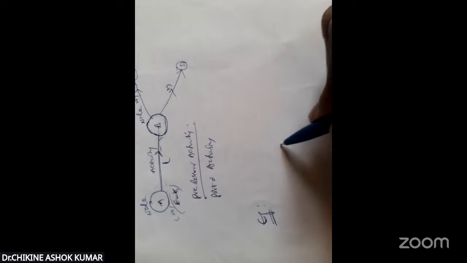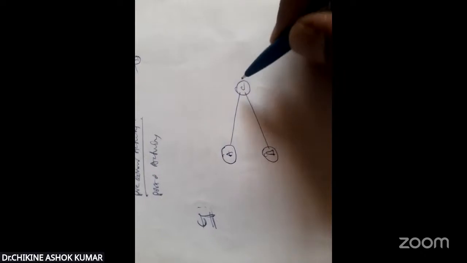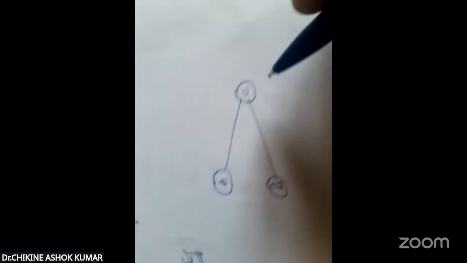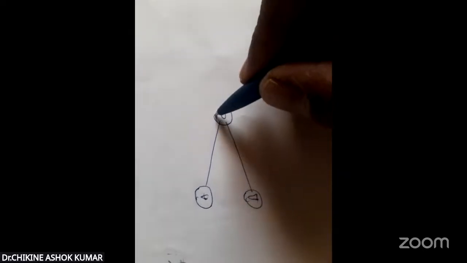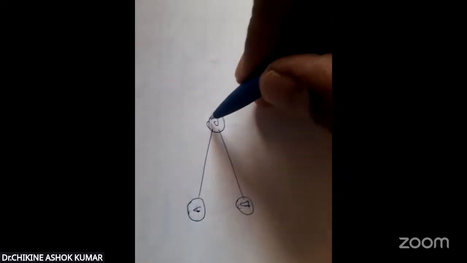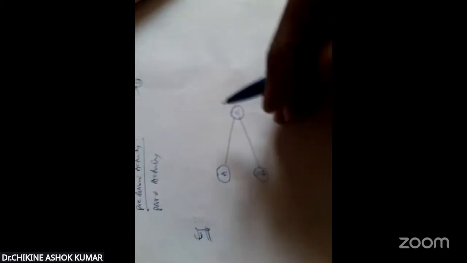This is event A, event B, and these two are merging at event C. So here C is the merge event. Why? Because two events are merging at one another event. This is called a merge event.